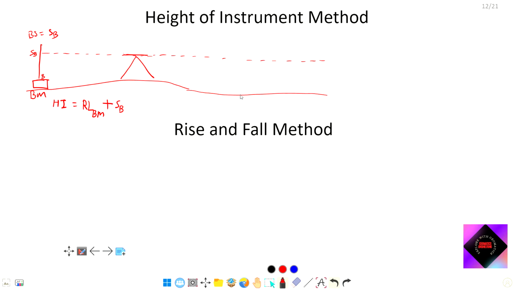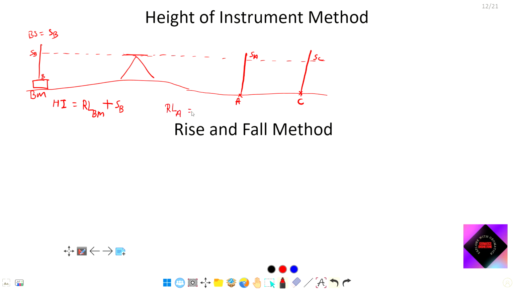Now if I take readings from this position of instrument for several points, for example this point A, this point C, I am taking readings SA and SC. With help of this height of instrument, we can calculate the reduced level of A and reduced level of C. Reduced level means elevation from mean sea level.